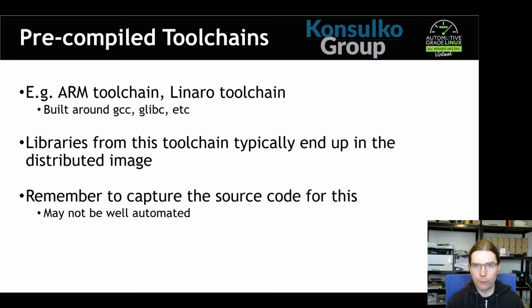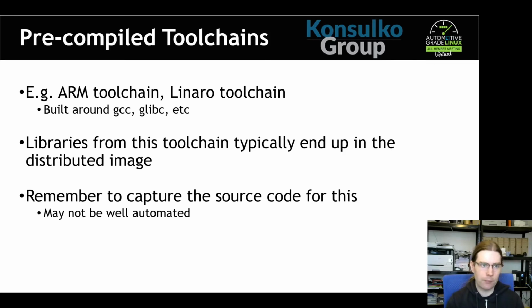Another thing to be careful with is precompiled toolchains. So the ARM toolchain used to be the Linaro toolchain. This bundles GCC, glibc, and a few other components as a cross toolchain for various targets.